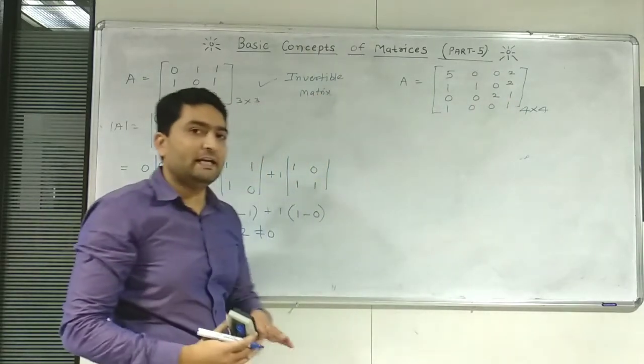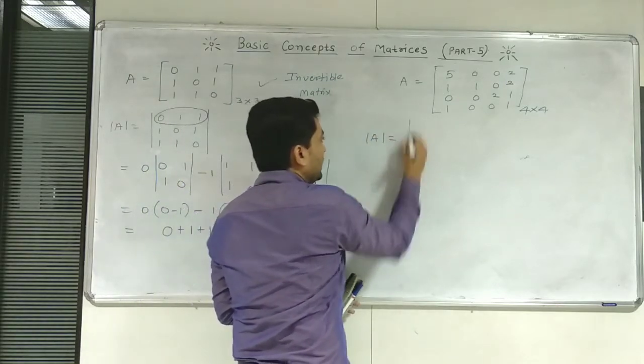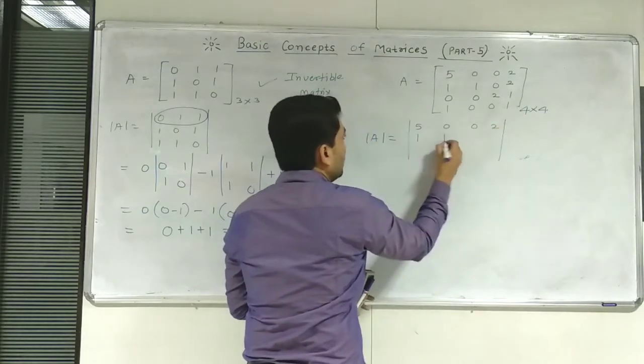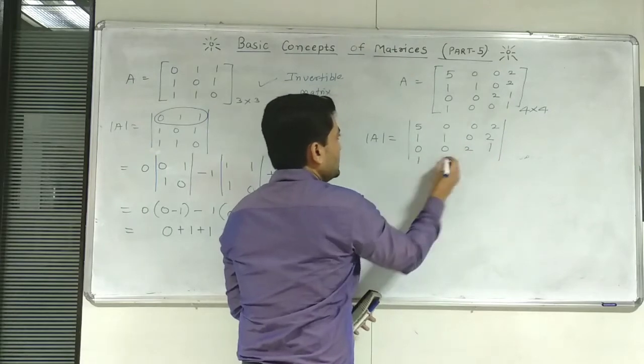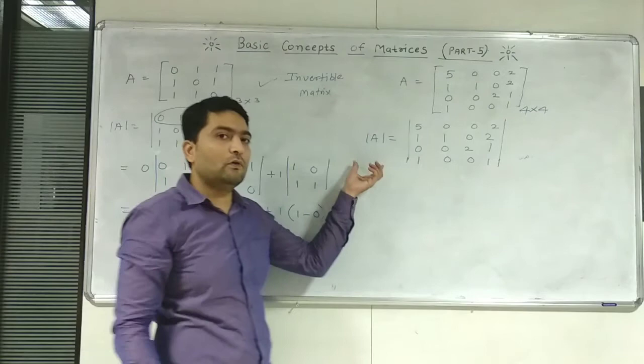How to find out its determinant? So the determinant of A is 5 0 0 2, 1 1 0 2, 0 0 2 1, 1 0 0 1. Now we have to find the determinant of this 4 cross 4 matrix.